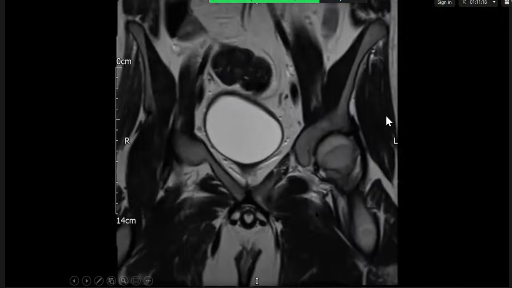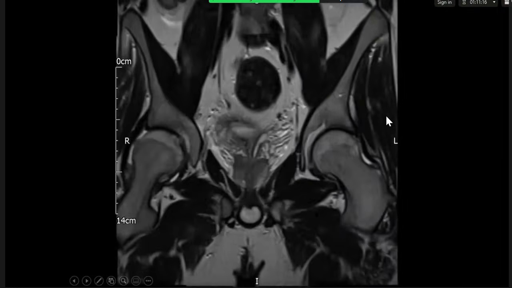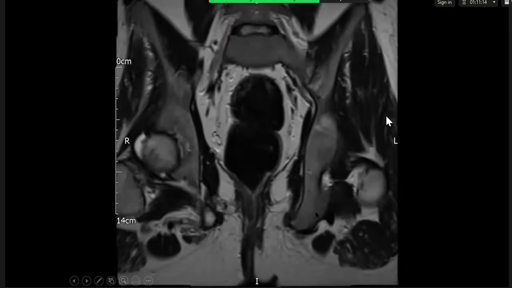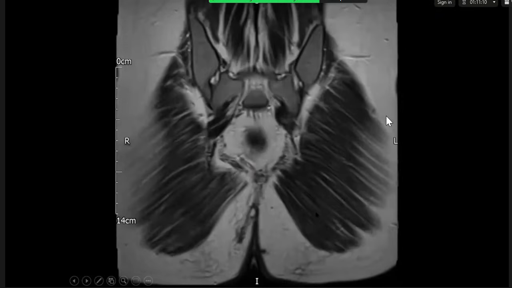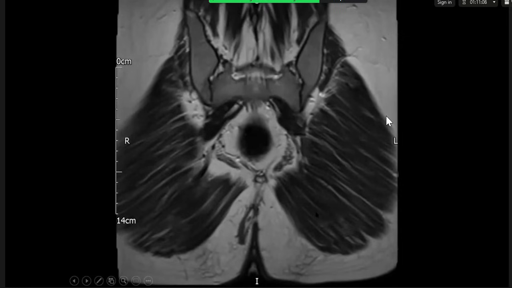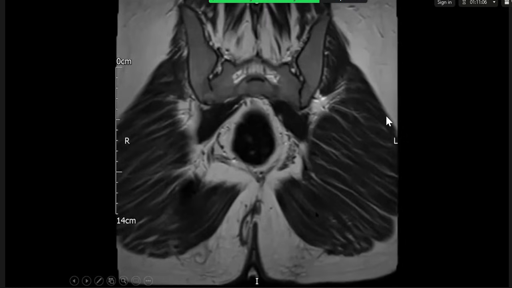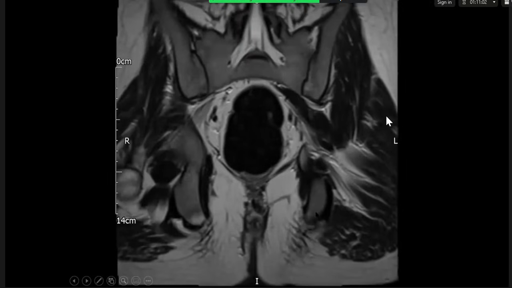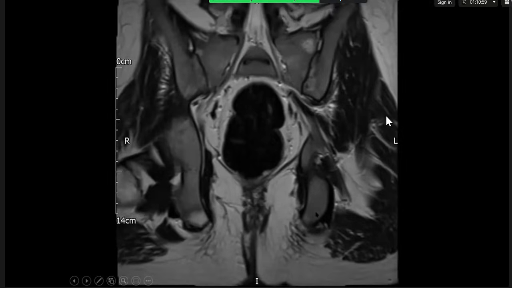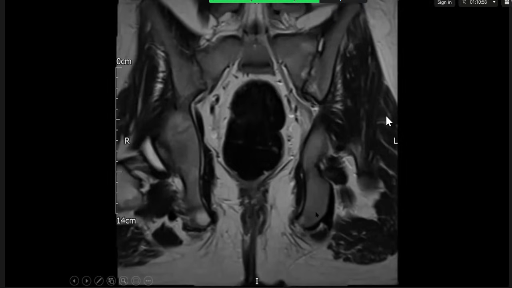Starting with this sequence, this is a T2 weighted sequence in the coronal plane of the pelvis. Focusing on the sacroiliac joints to begin with, I can see some areas of high signal involving both aspects of the sacroiliac joints bilaterally compared to the muscle.